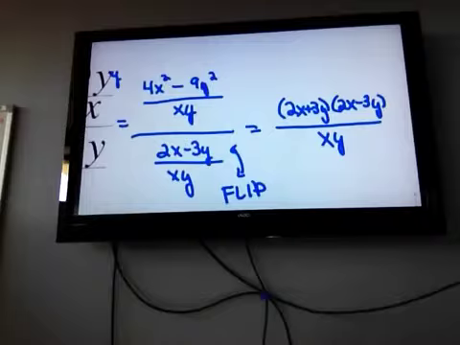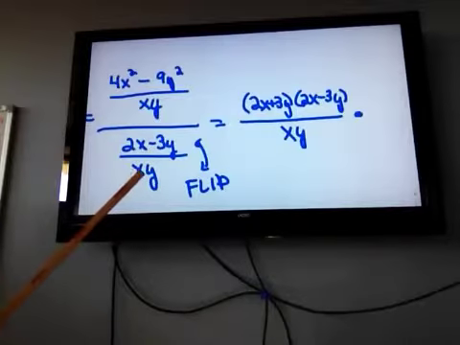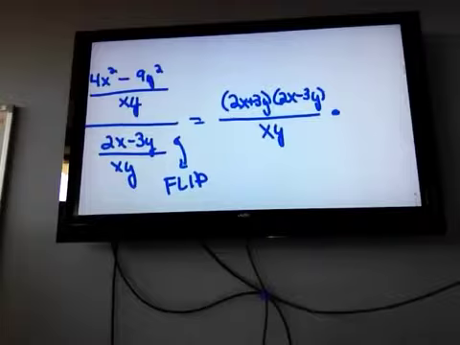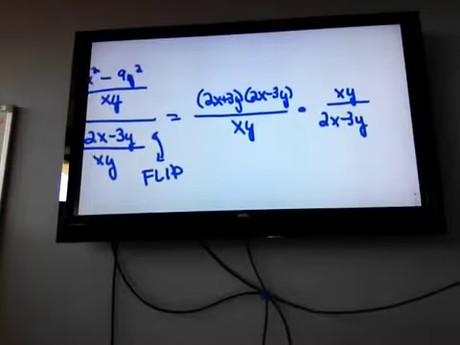We're going to write a multiplication symbol now, and we're going to flip the one from the bottom. Take the reciprocal of, flip, nice easy word. So the xy is going to come up top, and the 2x minus 3y is going to go to the bottom. And you can't factor that.